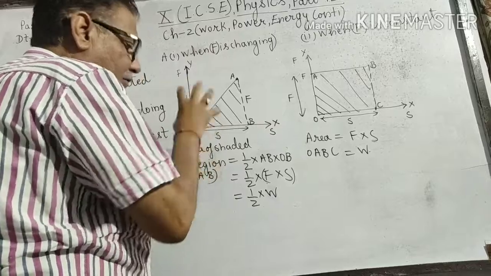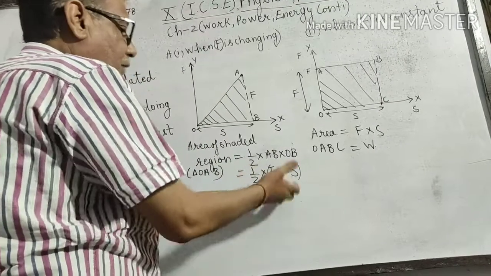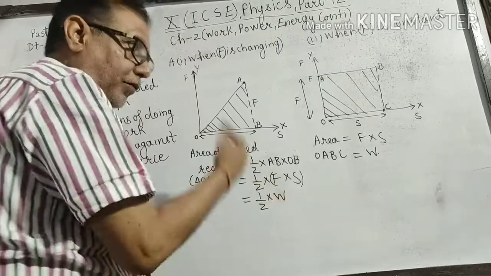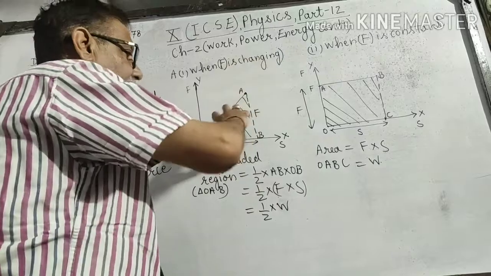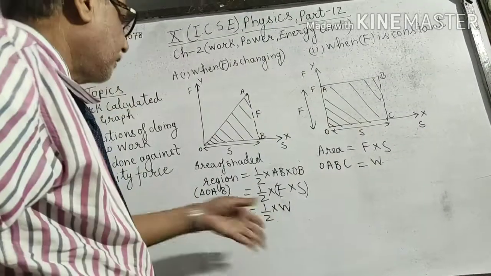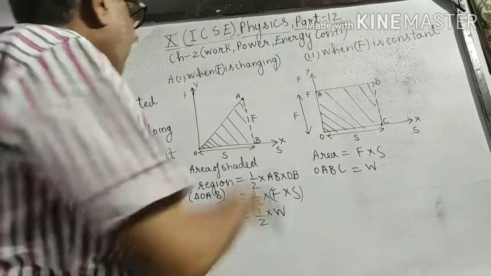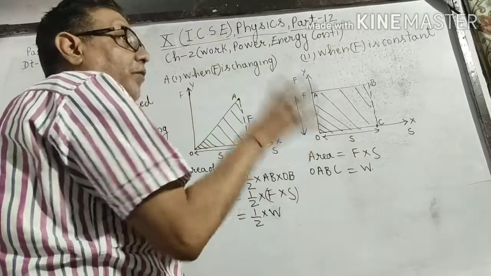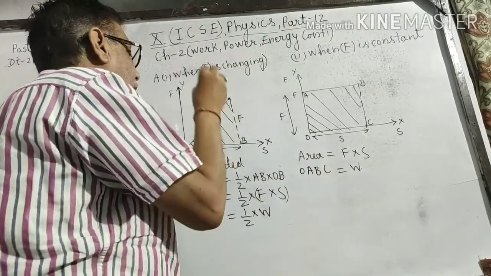So the area of the shaded region gives the value of the work. This work is coming half here; it can come one-fourth if the figure is something else. The reason is that force is changing with respect to displacement, the force is variable. But whenever you calculate the area, you will get the value of work.